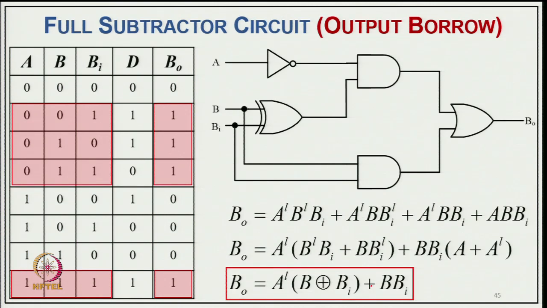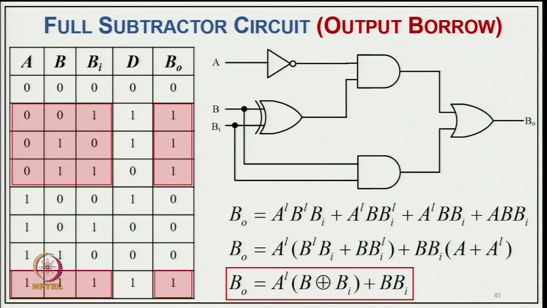Similarly, we have the borrow output for all the cases where we have a 1 for borrow output, and this is the expression we finalize: A bar ANDed with this here, then B I, similarly ANDed with this, and finally ORing them together. So, this represents the borrow output.